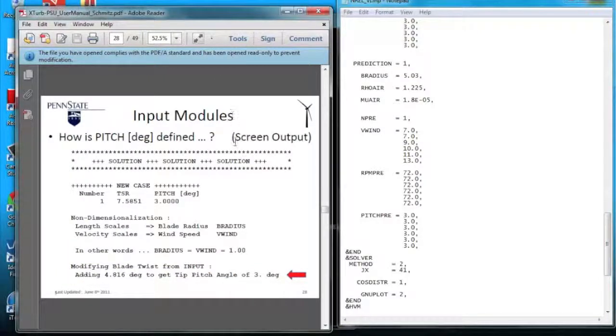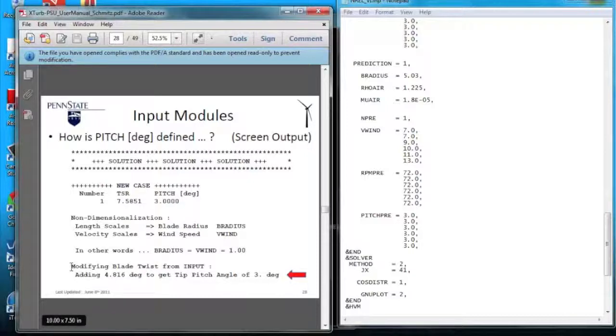The screen output then also tells you what we had just said. So it tells you exactly that. For case number 1, for instance, your tip speed ratio is 7.6 with a pitch setting of 3 degrees.